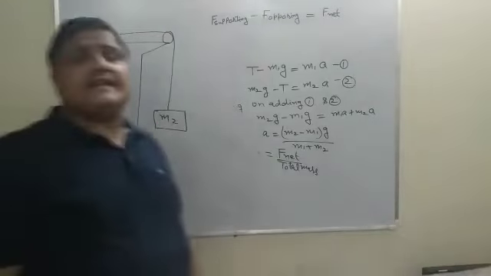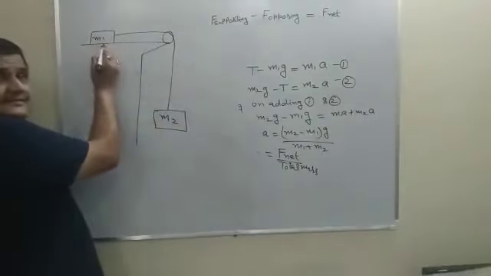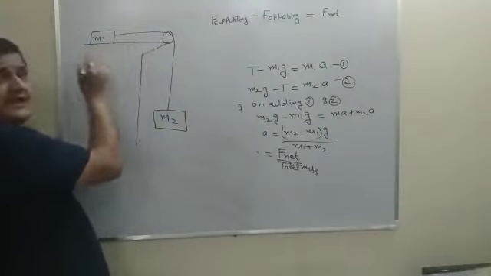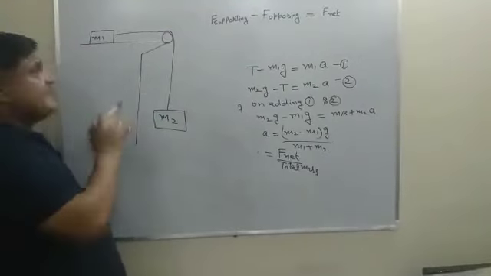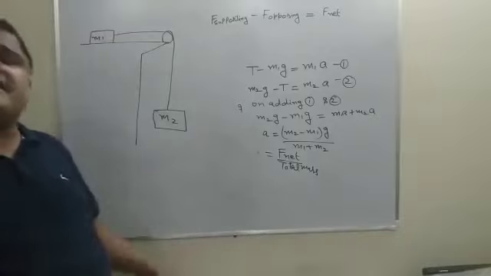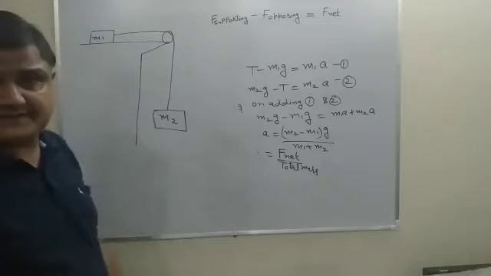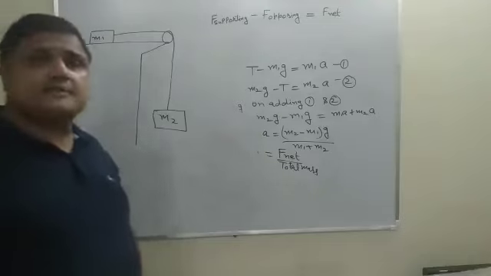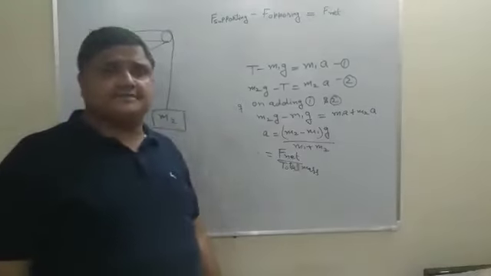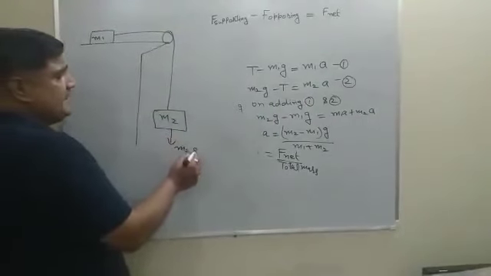I am to calculate the acceleration. Please note this thing, this M1 which is lying on the horizontal surface, the weight of this mass M1G will neither be supporting nor be opposing, because this is a frictionless surface. So it will neither support nor oppose. So net force will be provided by M2G.